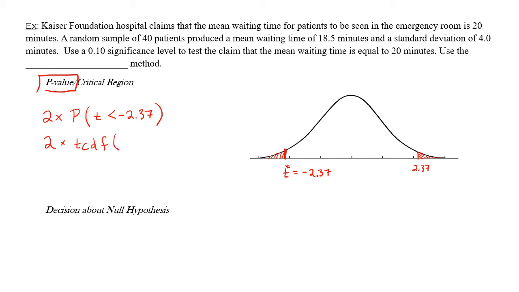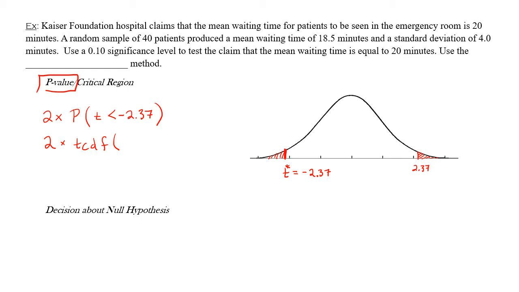So I go to the distributions menu, the same menu where I'd find normal CDF, and scroll down to the 6th function, tCDF.